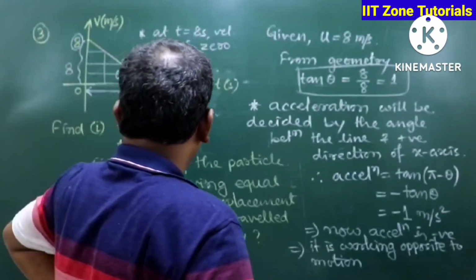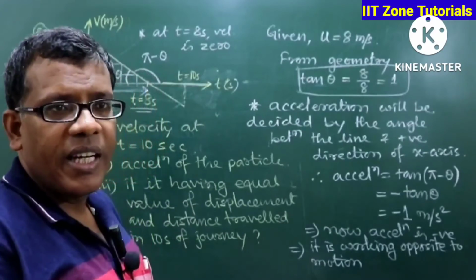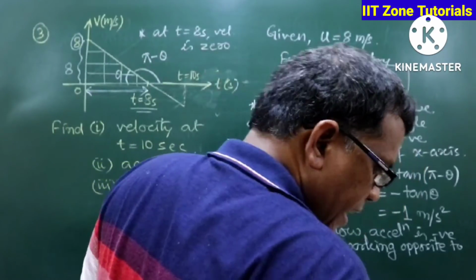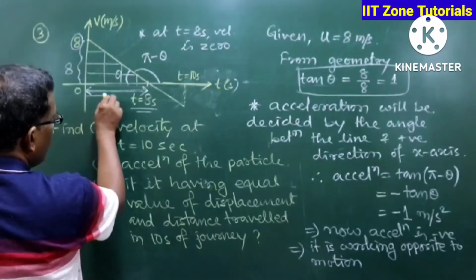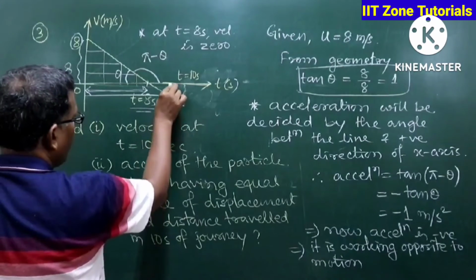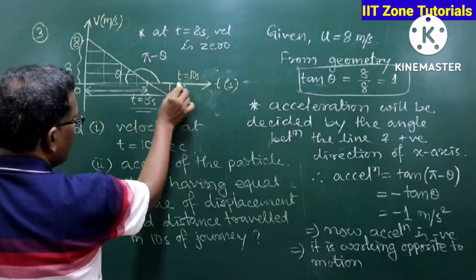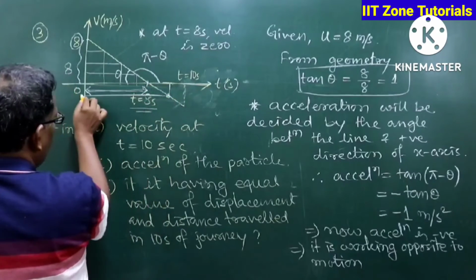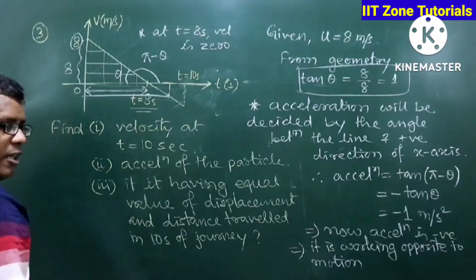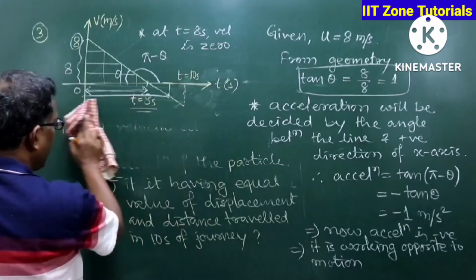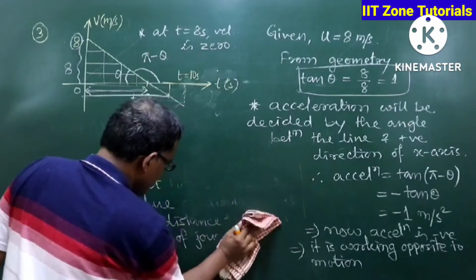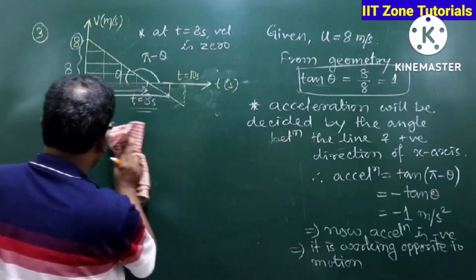And then after 8 second, up to 10 second, if you see the y coordinate of a point between t equal to 8 and 10, it is coming negative, right? So that means after 8 second velocity becomes negative.